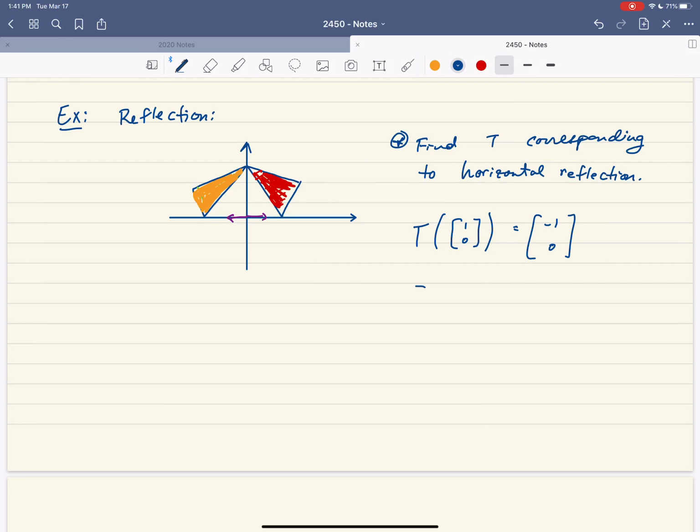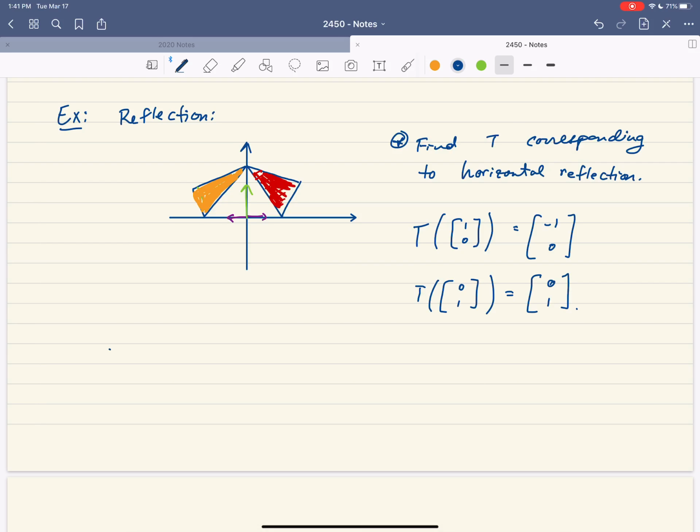The other thing we need to know is what's going to happen to the unit vector (0, 1). If we take this unit vector and reflect it over the y-axis, we get itself. So this transformation is actually going to fix that vector (0, 1).